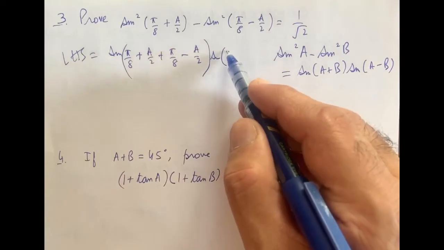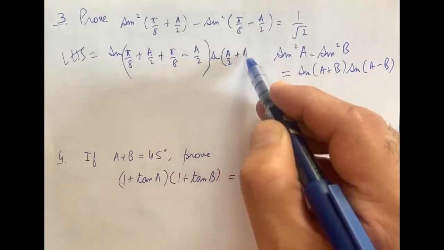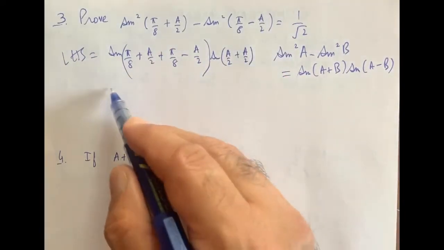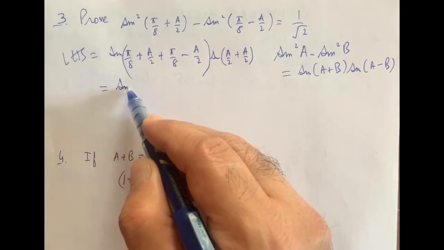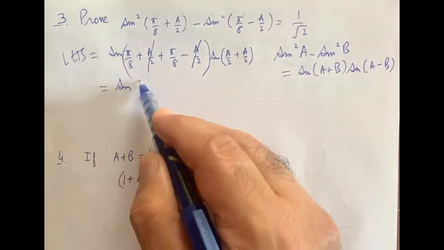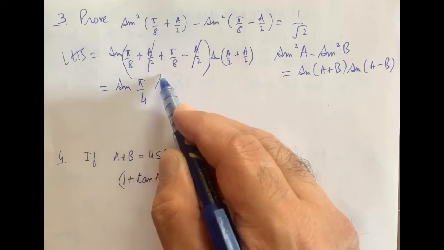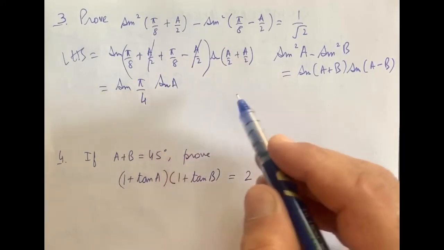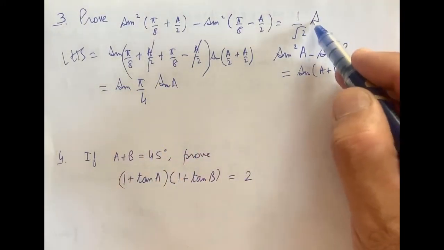Pi by 8 will cancel out. This is sin of pi by 4 into sin of A. Sorry, we have to prove 1 by root 2 into sin of A.